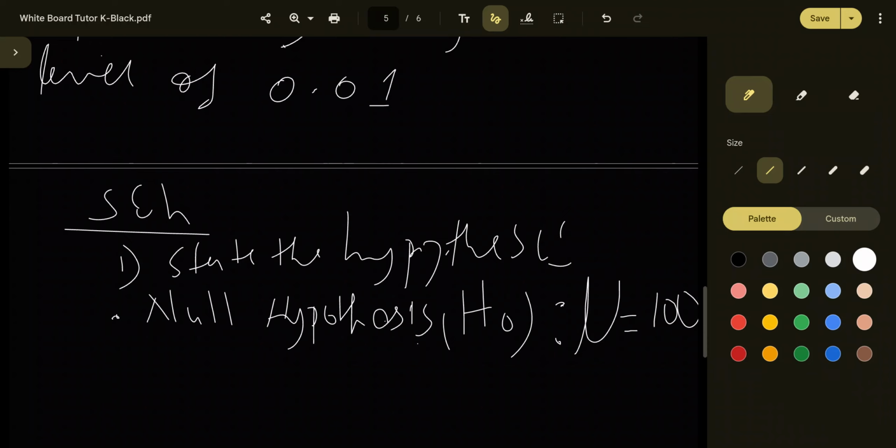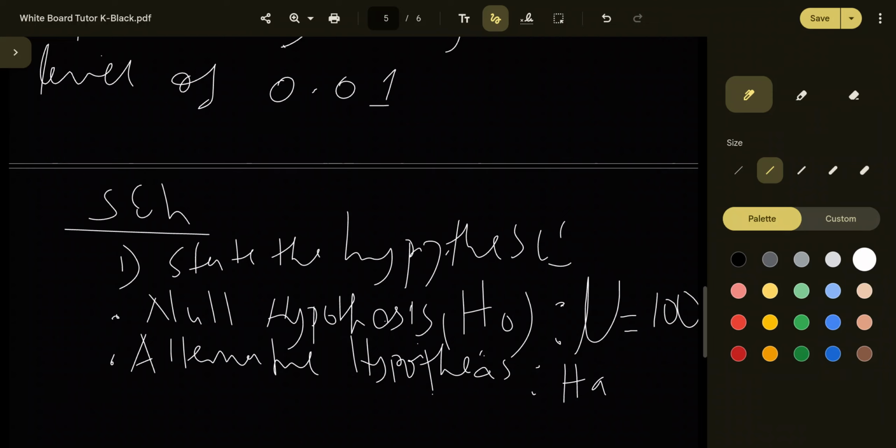What is our alternative hypothesis? The alternative hypothesis, we are going to write it as HA.